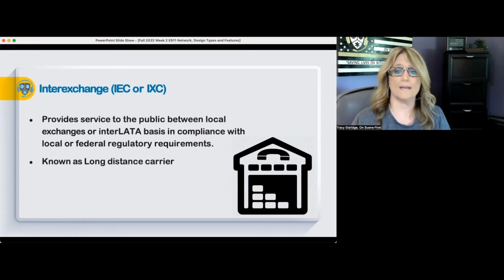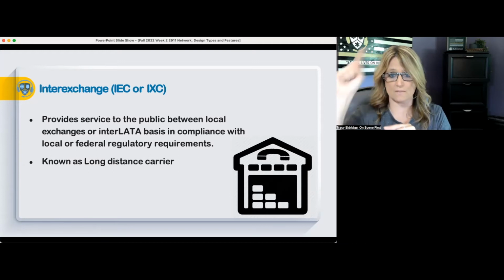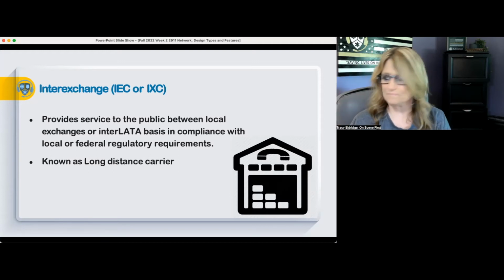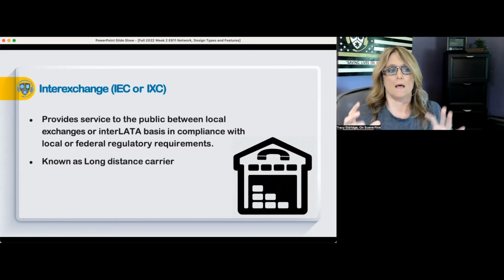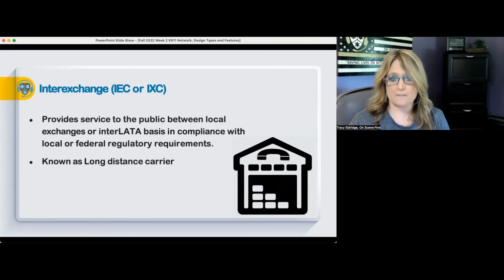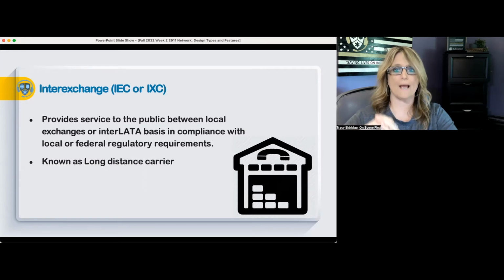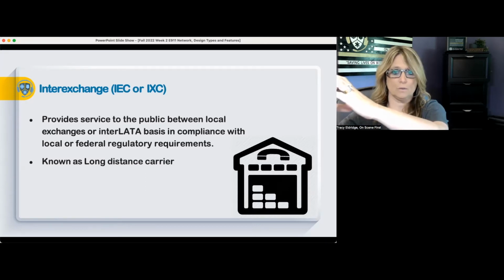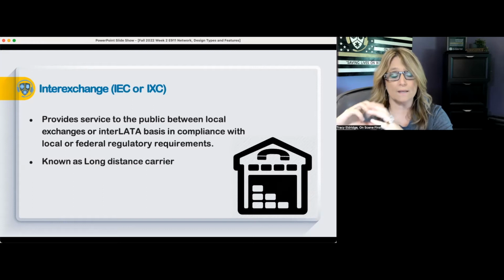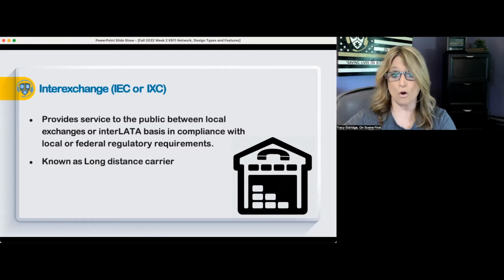Okay, and it's also referred to as a long distance carrier. So if you go back to my diagram of the county and the state, way back in the day, do you remember when you didn't call people until after 7 o'clock at night because there were no long distance charges for whatever reason? I could live in the state of Massachusetts, in Rochester, the little red square, and maybe my aunt lives in Boston, which is outside of my county. That was a long distance call.